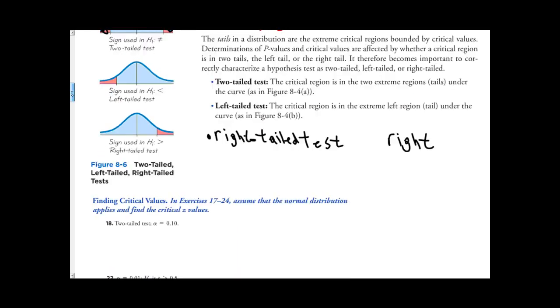So for a two-tail test, we're going to find alpha over 2, find the z-score for that, and that will be the critical value that separates our critical region from the usual values. We're finding alpha over 2 to be 0.05.